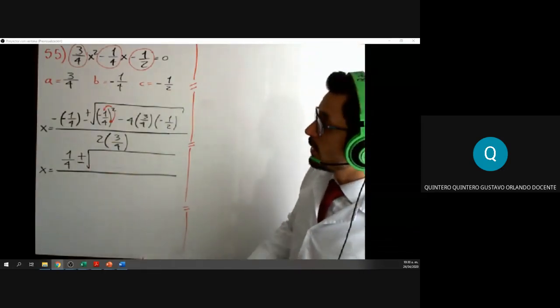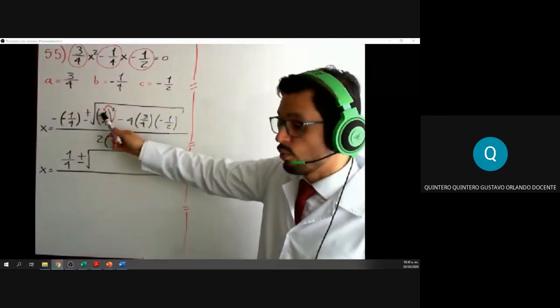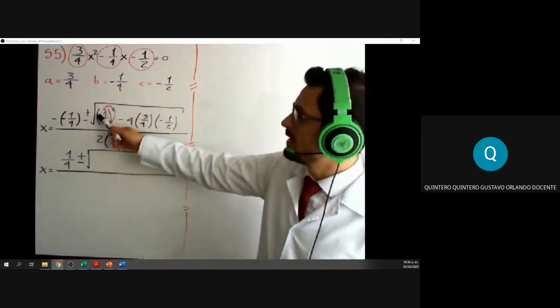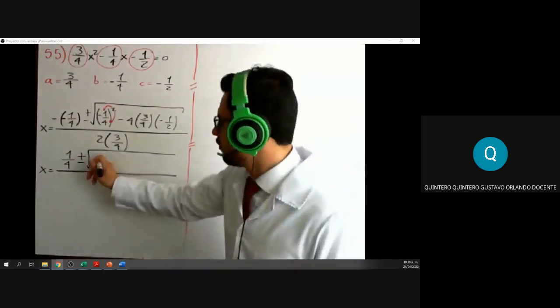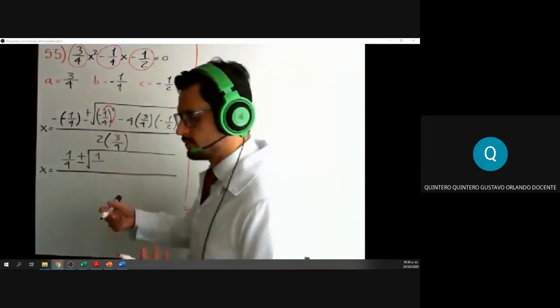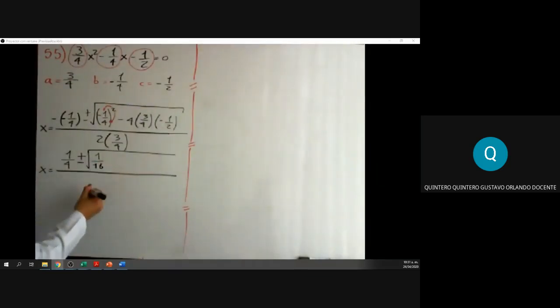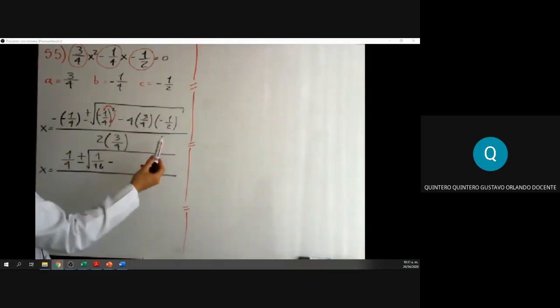So we have negative 1 squared. Don't forget about the negative. It doesn't just apply to the 1. It applies also to the sign. So we have negative 1 squared, which is positive 1. And 4 squared will be 16. So I'm going to write it here. 16. Let's continue. Minus 4 times 3 over 4 minus 1.